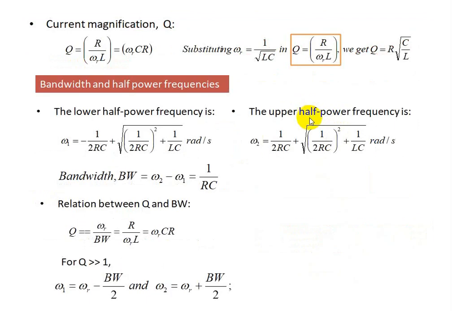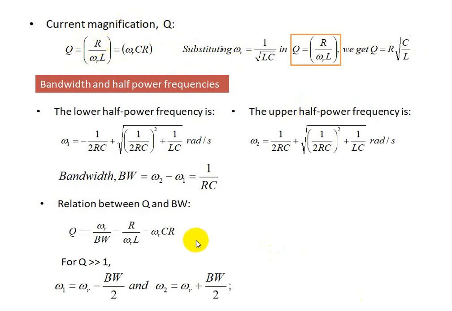So at resonance, the current IR, or the current flowing through the resistance, will be same as the current supplied by the source. Then coming to current magnification, which is called the Q factor for the circuit. The Q factor for this circuit is R by omega R into L. It is just inverse of the value that we got for series RLC circuit.